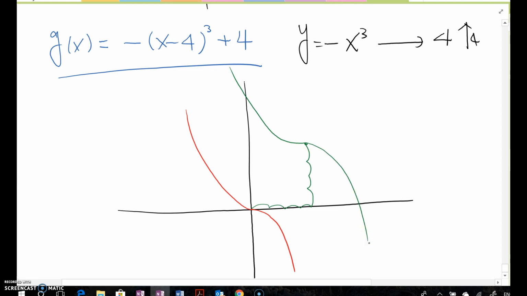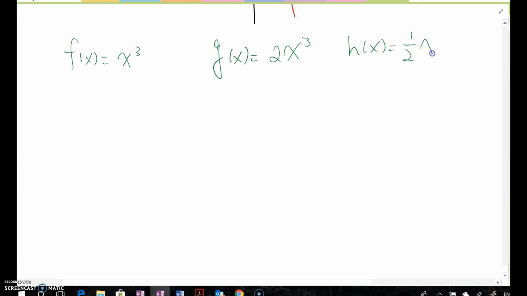Okay, the last part of this video, we are going to talk about the difference between f(x) equal to x cubed, g(x) equal to 2x cubed, and h(x) equal to 1 over 2 x cubed here.